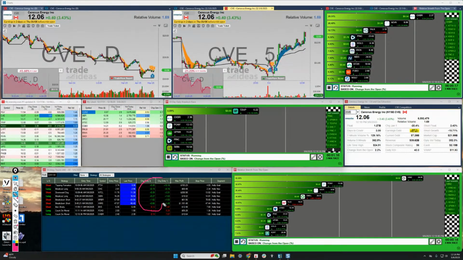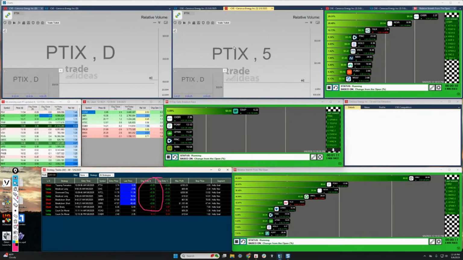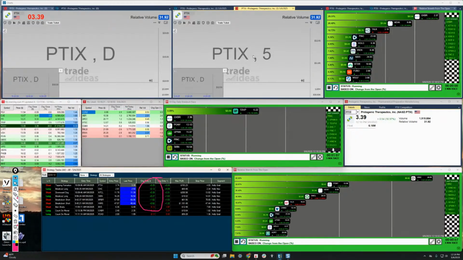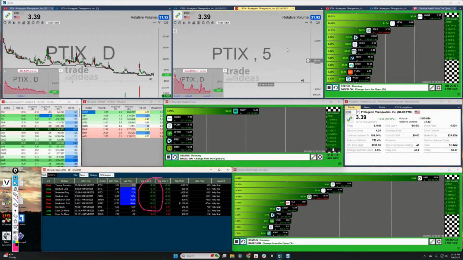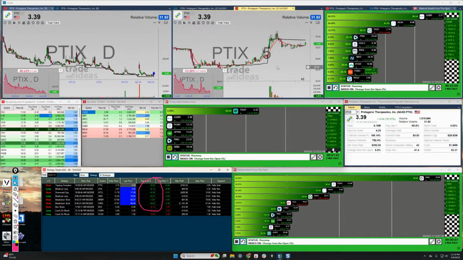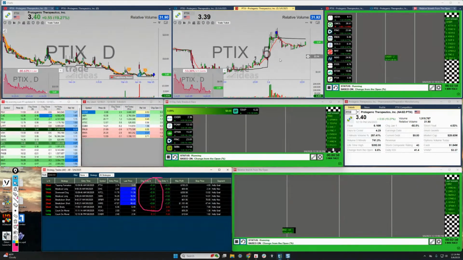Now they've given some back over the last little bit, but they did very well today. But the average person sees all this and wouldn't know what to do with it. They click on a chart and now what, right? You still have to have some knowledge. You still have to have some understanding of candlestick charting and technical analysis.